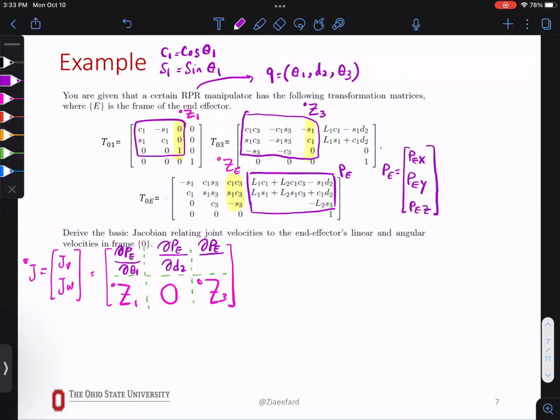PE with respect to your third one, theta 3. These joint variables came from us looking at those matrices, and from the problem being RPR, so it must be 3 joints. Now the rest is math, with the partial differential with respect to those joint variables.